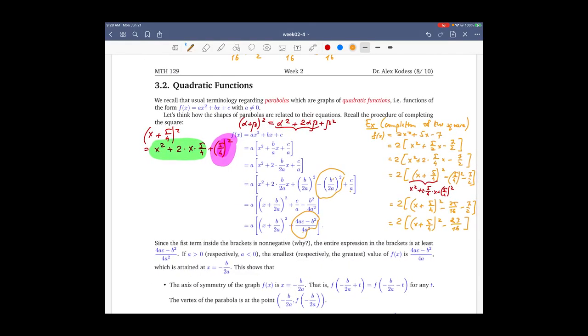Lots of different things could be noted here from this form of writing the quadratic function. It's much more informative than the original form ax squared plus bx plus c.